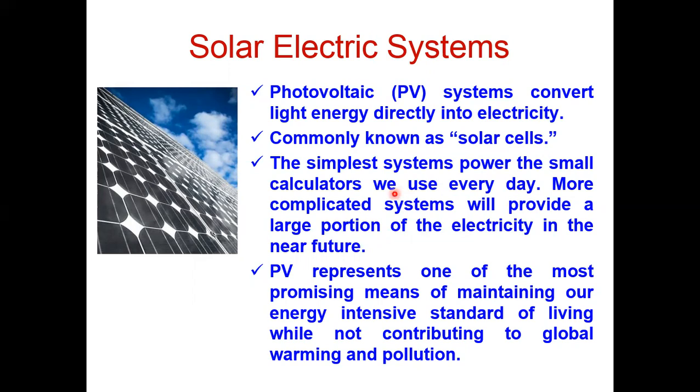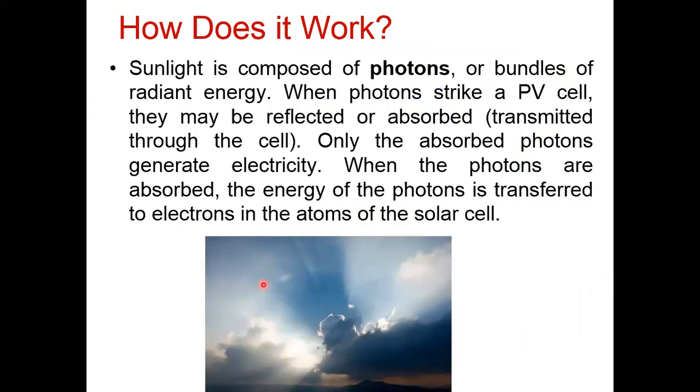PV, photovoltaic, represents one of the most promising means of maintaining our energy intensive standard of living. It doesn't contribute to global warming and pollution. So in future, we may depend on this photovoltaic cell for producing electricity.